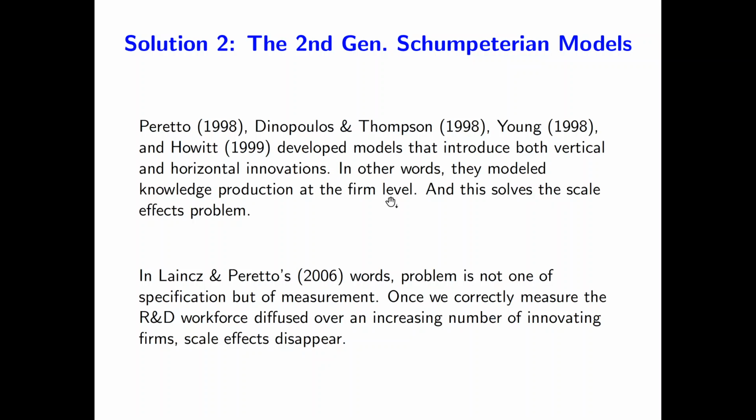Because now an increasing workforce of R&D is allocated to many sectors, many firms. All right, and so for this reason, they argue that once we correctly measure R&D workforce diffused over an increased number of innovating firms, the scale effects disappear. So the problem is not about the specification of the knowledge production function, but about how we measure knowledge production. All right.